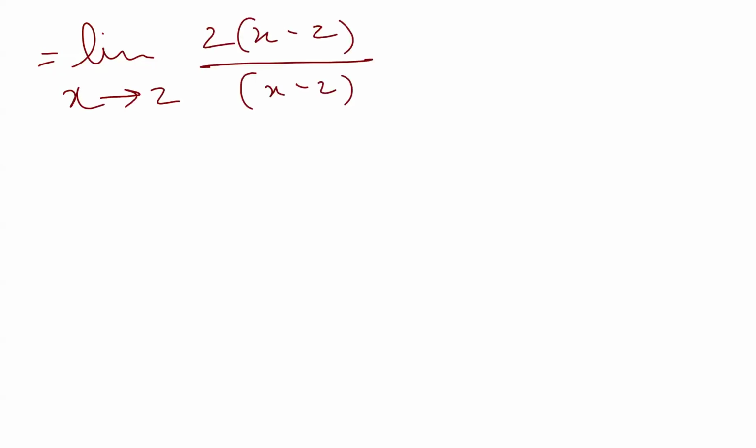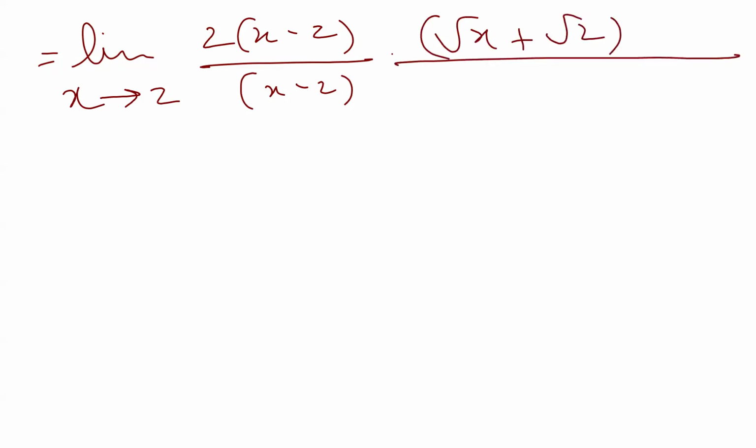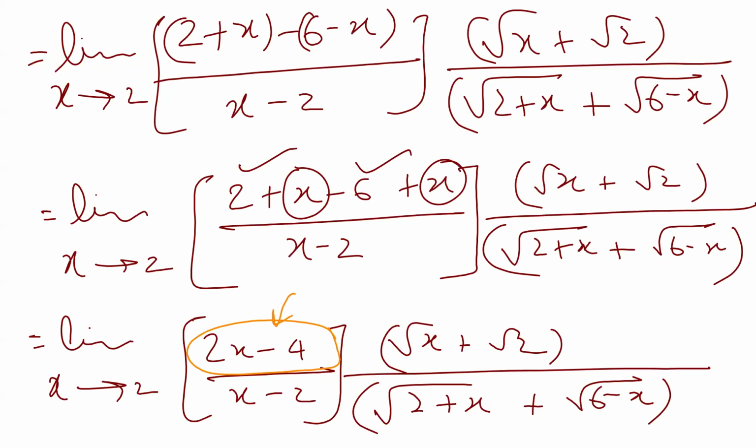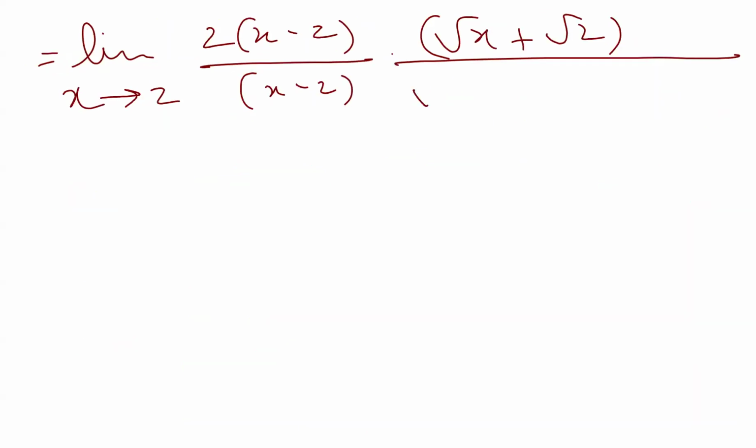So limit x approaching towards 2, 2 into x minus 2 upon x minus 2. And the remaining terms, root x plus root 2 upon root of 2 plus x plus root of 6 minus x.